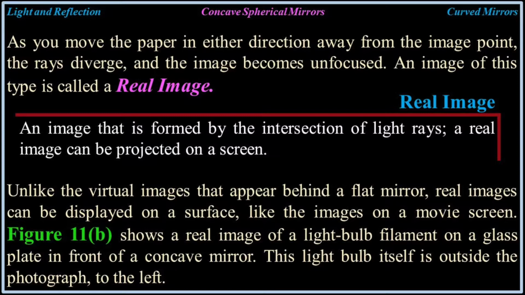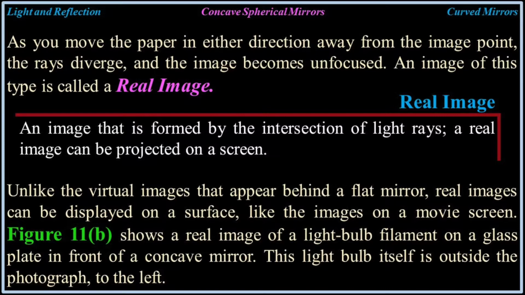An image of this type is called a real image. A real image is an image that is formed by the intersection of light rays. A real image can be projected on a screen. Unlike the virtual images that appear behind a flat mirror, real images can be displayed on a surface, like the images on a movie screen.